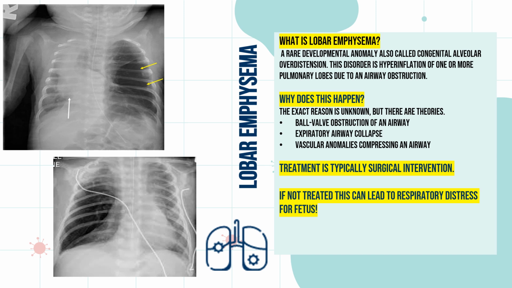This condition can lead to respiratory distress, and treatment typically involves surgical intervention to remove the affected lobe or lobes to improve lung function. There's not exactly a known reason why, but there are several theories, and just to name a few, ball valve obstruction in an airway could lead to this, or airway collapsing when the fetus first breathed out. Moving on.